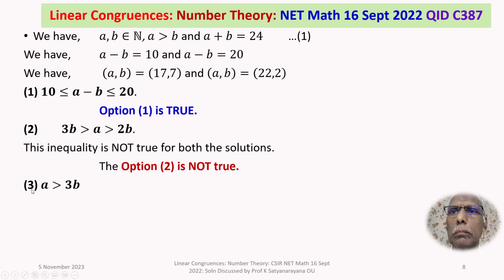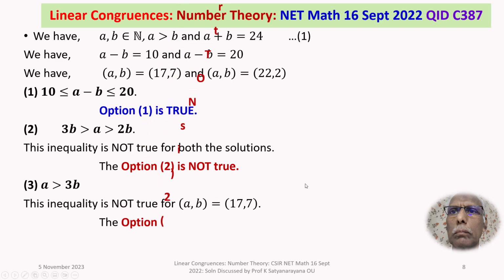Now, option 3, a greater than 3b. If I take the first one, 17, 7, is 17 greater than 3 times 7, 21? Not true. So this inequality is not true for a comma b is equal to 17, 7. Therefore, the option 3 is not true.